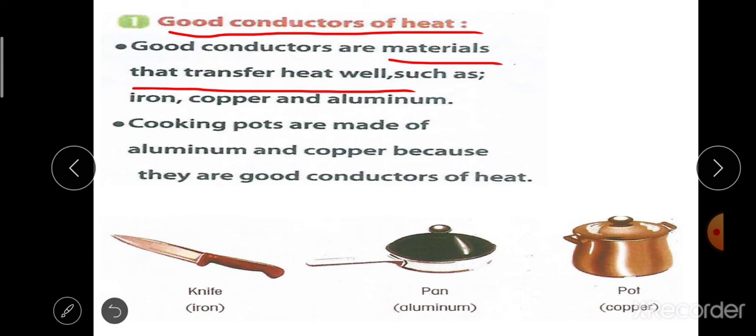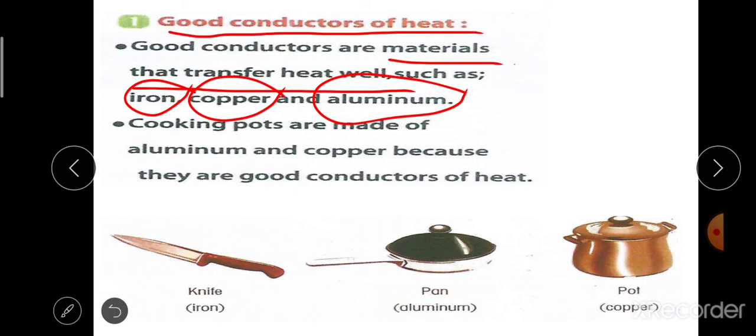Like what? Like the iron, copper, and aluminum.